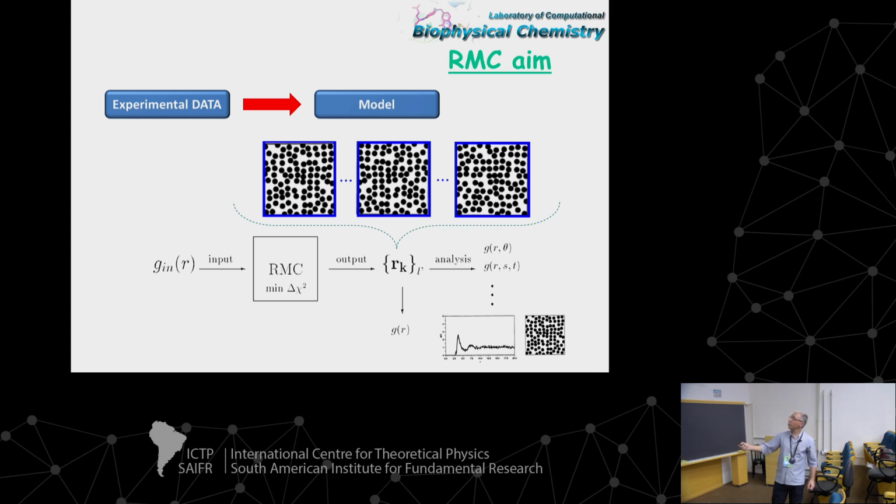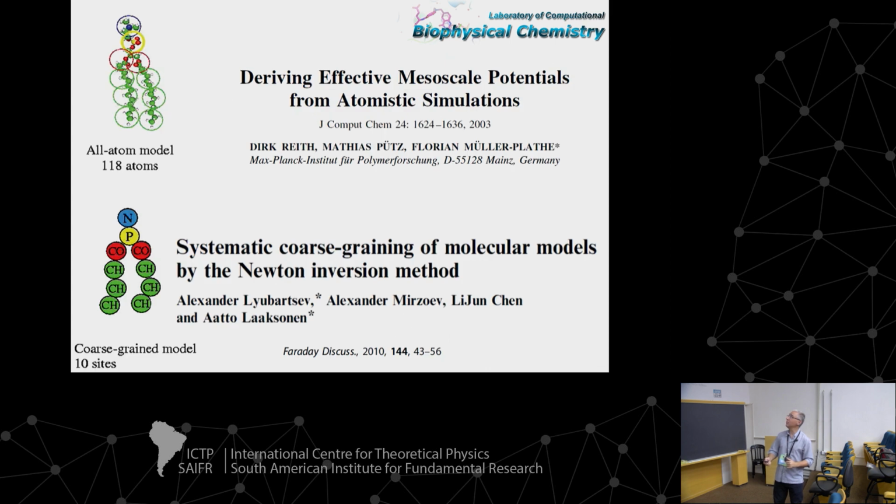You try to have a set of configurations, and you use this set of configurations that are produced to generate your model. So you do it in a direct way. This is a way also to develop models. And the inverse Boltzmann or the inverse Monte Carlo approach is in this direction. Okay, I stop here, and if he continues, it's good. Otherwise, at least you have an idea that there are inverse methods as well.